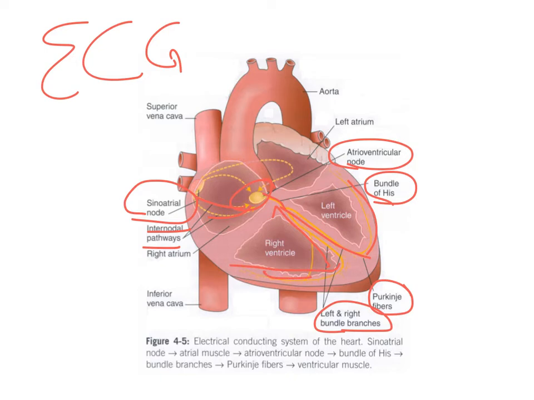So two types of tissues: the electrical conducting system, which really controls and expands the electricity in the heart to the rest of the heart muscles, and the second type of tissue, the heart muscles itself, which are the atrium and the ventricle.